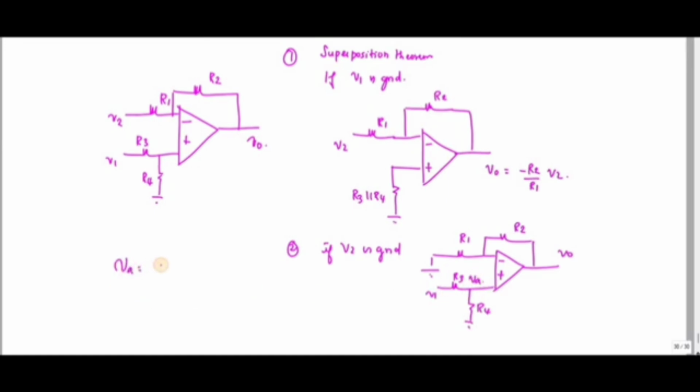VA is equal to V1 R4 divided by R4 plus R3. If I consider the current, it is 0 minus VA divided by R1, that is equal to VA minus V0 divided by R2.